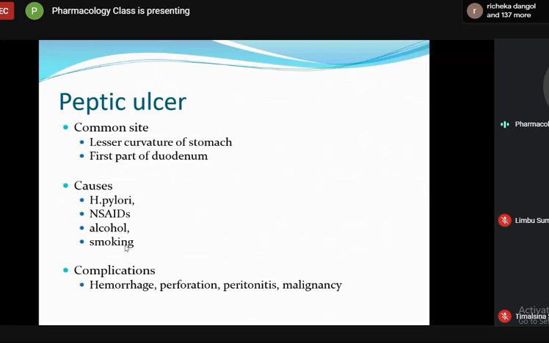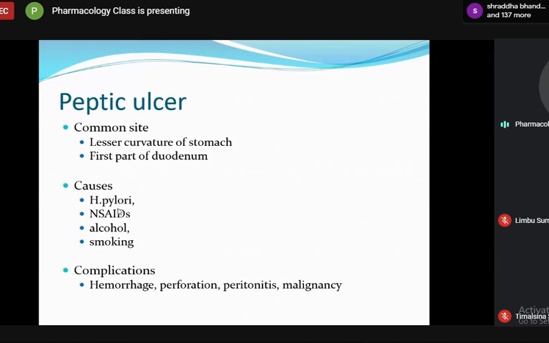If the cause is H. pylori, Helicobacter, we must kill that bacteria also. There is a treatment regimen for H. pylori that we'll discuss, because this is a very important and frequently asked question, even in problem based learning questions. These questions are very commonly asked.